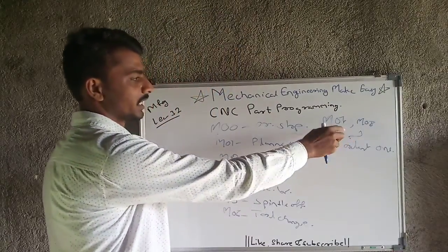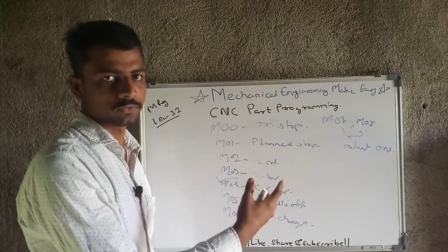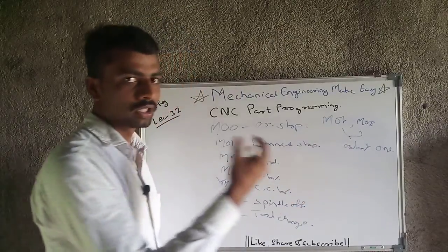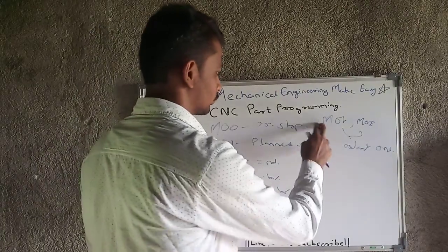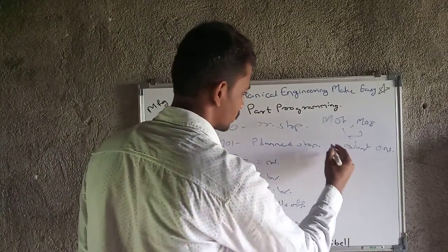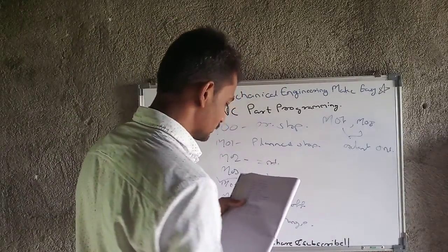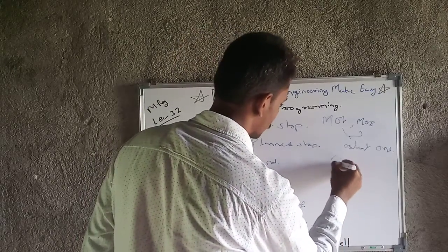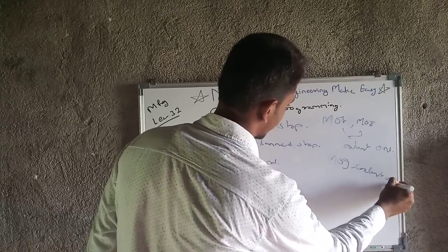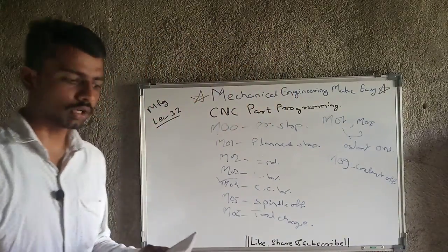Again there is a difference: one is for the solid coolant or paste form coolant and another is for liquid coolant. But at this moment you don't need that much amount of deep knowledge. After that, next is M09, which is coolant off.